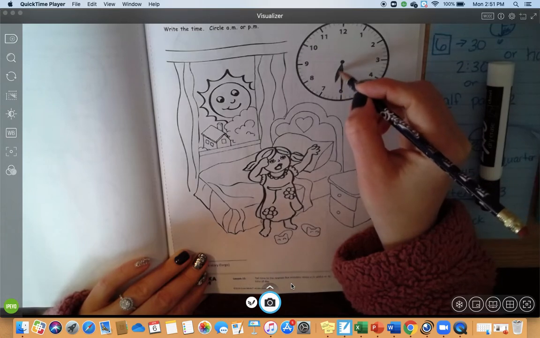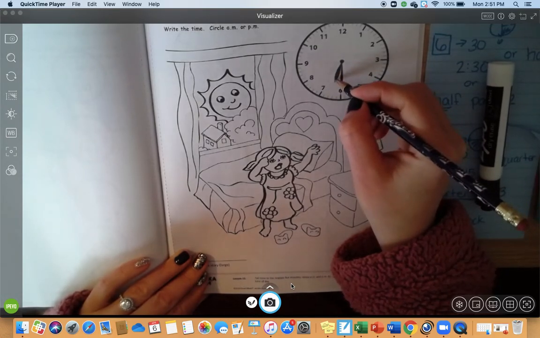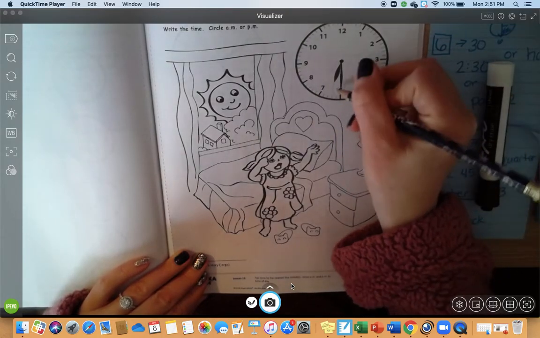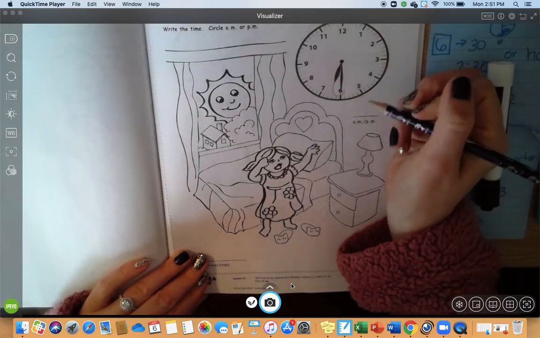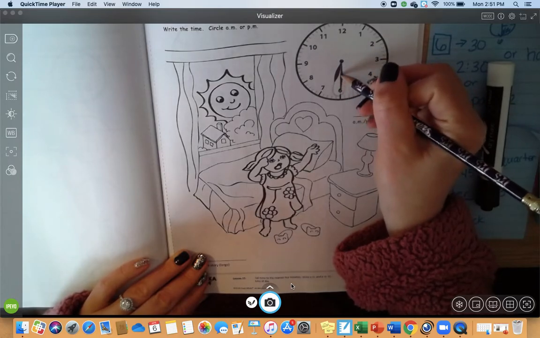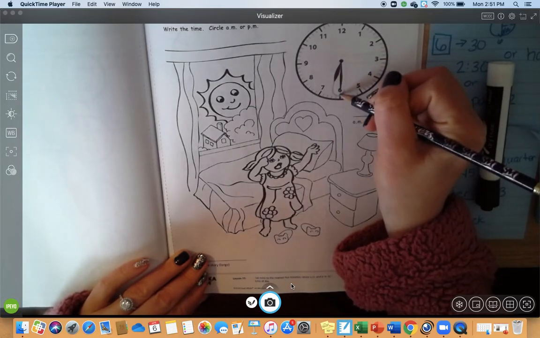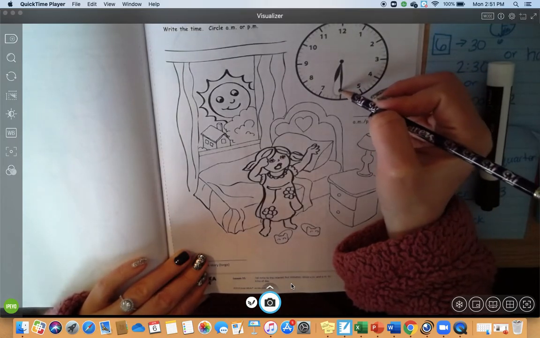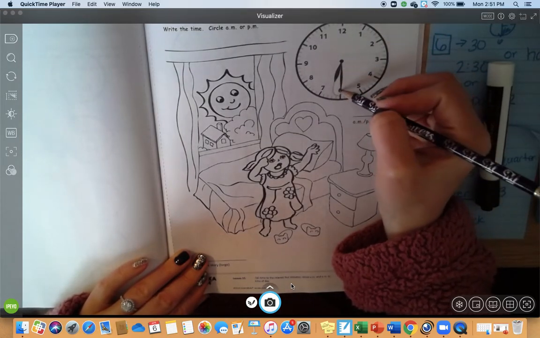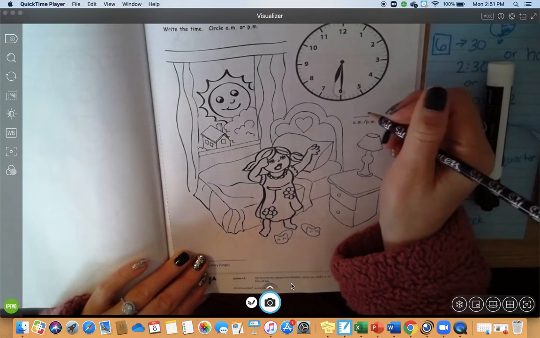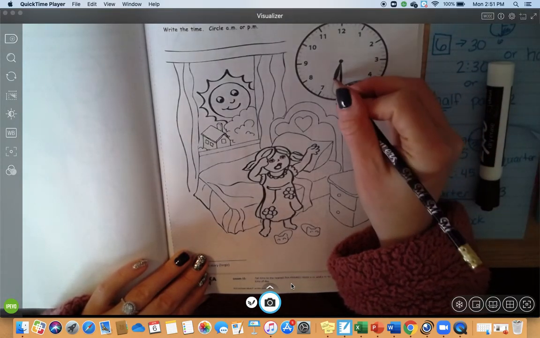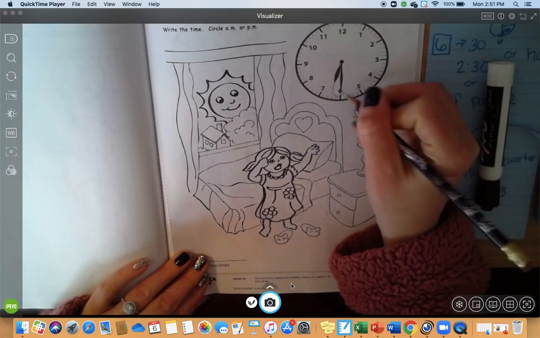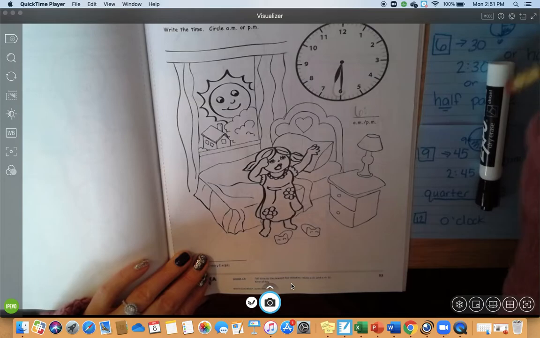Well, clock, Homer is in between the 6 and the 7. We know he has a hook arm, and he hooks back to the 6. Oops, that's really light. He hooks back to the 6, and Minnie is pointing to the 6. Like we learned yesterday, that's halfway around the clock. So we could say 6:30, or we could say that it is Homer's number first, 6, and then we could use Minnie's number.